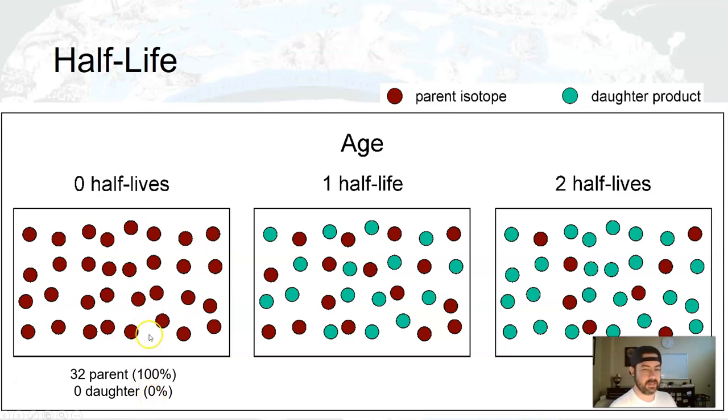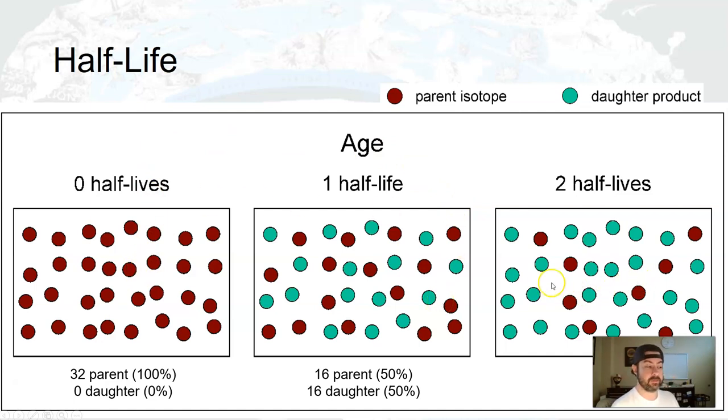No half-lives have been undergone. This is just a brand new rock that just formed. After one half-life, half of the parents have become daughter products. There are 16 parents and 16 daughters, 50 and 50%. That's one half-life, the time it took for half of the parent material to become daughters.